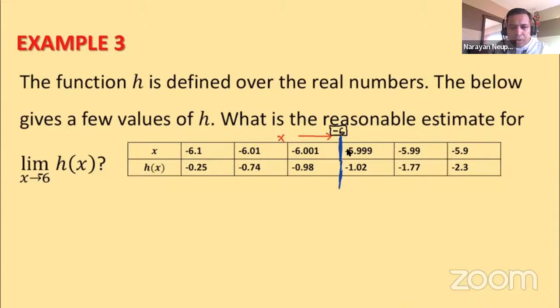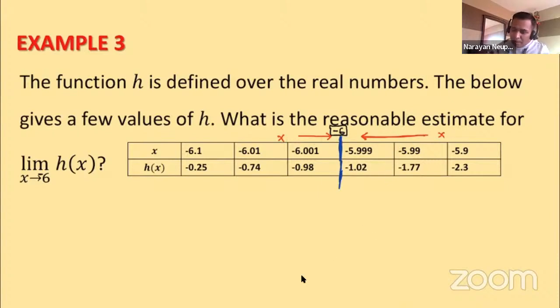When you move on this side, the x values are decreasing: -5.9, -5.99, -5.999. So these values are decreasing and approaching closer and closer to -6 again. So x is approaching -6 from the left and also from the right.